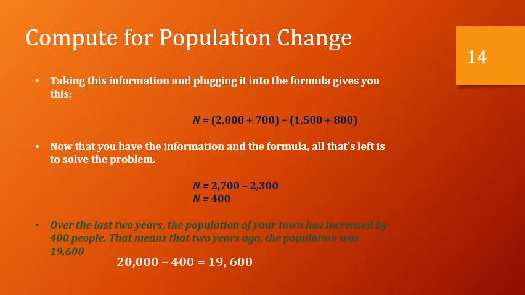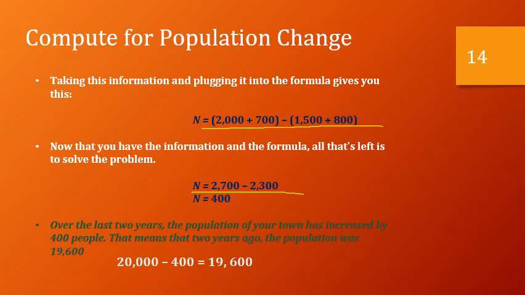And let's try to compute this. So taking this information and plugging it into the formula given to you, we have N is equal to 2,000 plus 700 minus 1,500 plus 800. So upon plugging this information, you can actually solve it by of course doing basic calculation, okay, by adding, subtracting these numbers. So you can actually get this information.